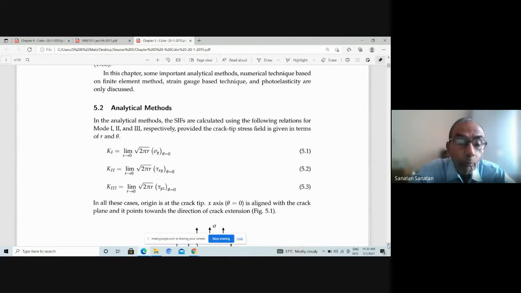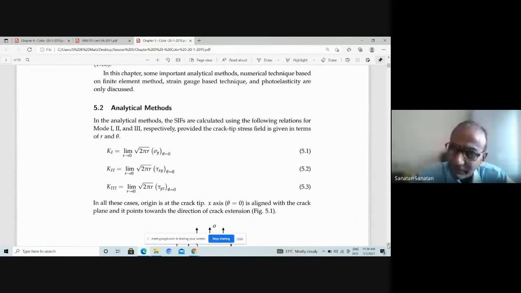For mode 1, if your coordinates are such that r is reckoned to 0 at the crack tip, and the crack extension direction is oriented along the x direction, that is theta equal to 0, and y is accordingly oriented, then mode 1 stress intensity factor K1 is given by the limit r tends to 0 of root 2 pi r sigma y at theta equal to 0.